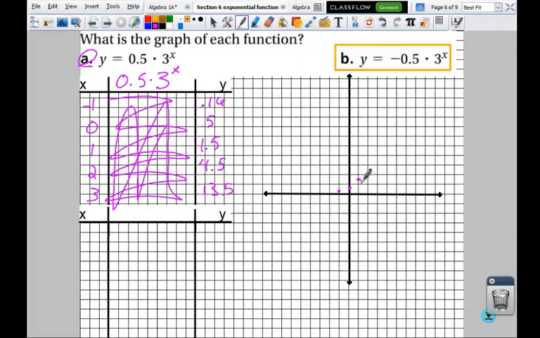That's about right there. 2, 4.5. That's right there. Then I got 3, 13.5. 5, 6, 7, 8, 9, 10, 11, 12, 13. Oh no, I didn't have my 2s. I'm going to estimate it's about right there. I didn't make my graph big enough. Oh well, it's close enough.